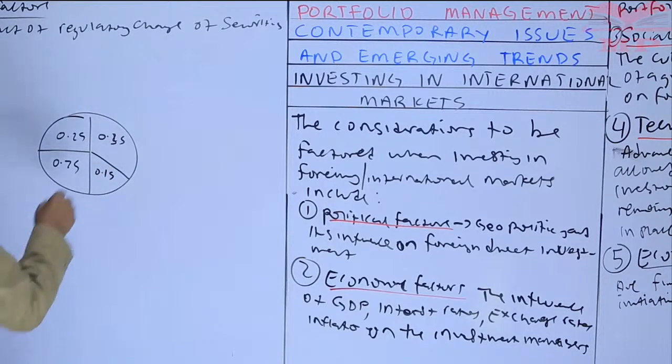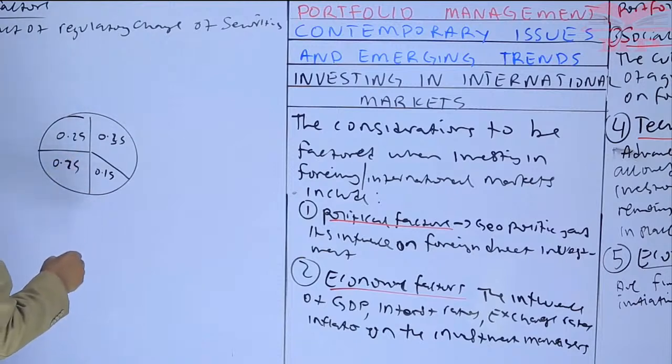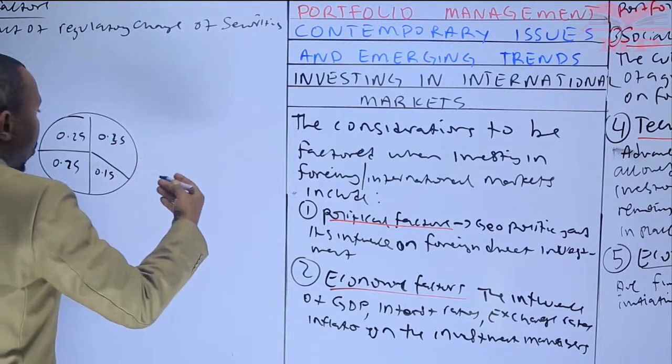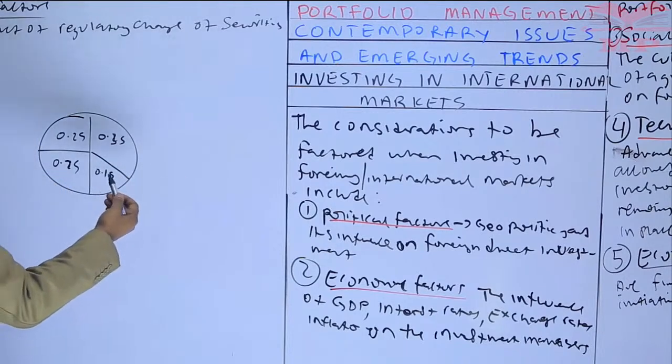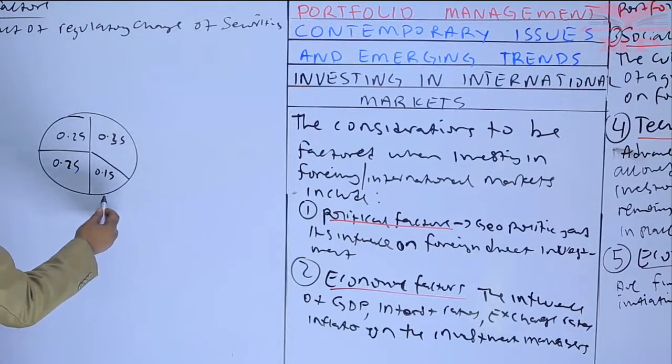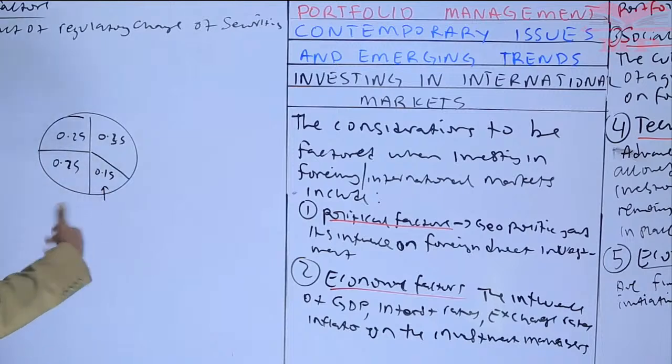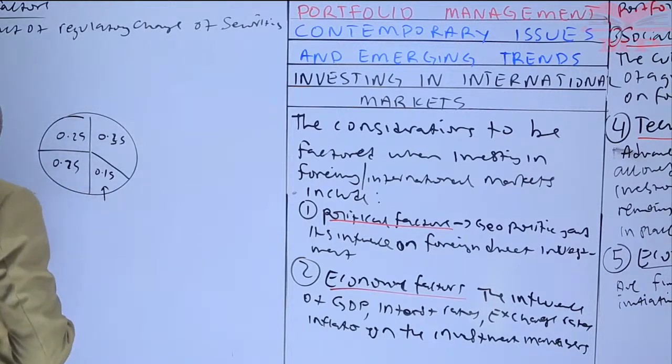This is 2.5. So it means the portfolio holding or foreign direct investors would have an appetite. If initially they had an appetite for this, they will not be able to provide financing to this part as much as they did because of that regulatory change.